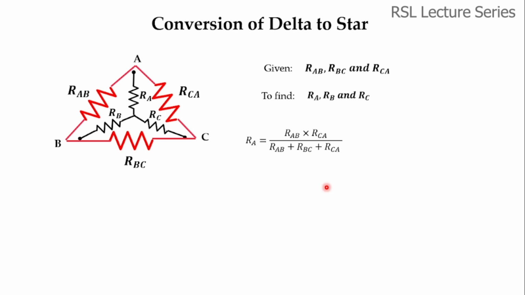Next, for RB, RAB and RBC are the adjacent resistors connected to terminal B, so we multiply these two and divide by the sum of all the delta resistors. Similarly, for RC, we multiply RBC by RCA divided by the sum of all the resistors.